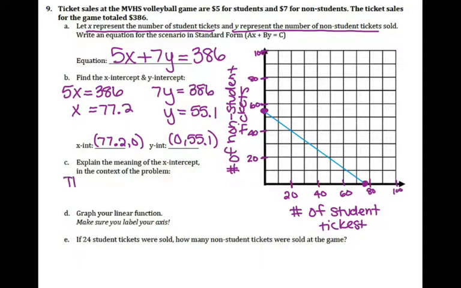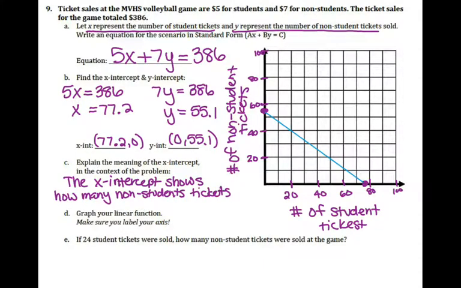The x-intercept shows how many non-student tickets there would be if no student tickets were sold.